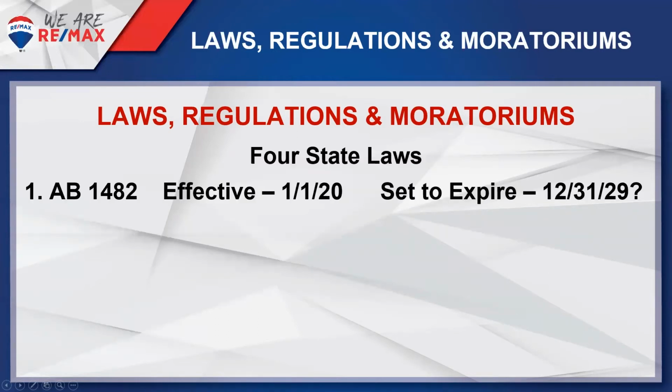Okay, so the 4 state laws, just a quick review. AB 1482, the infamous rent control and just cause eviction law, went into effect January 1 of 2020, and it's set to expire, I believe, I was going to look it up, I didn't, but I'm pretty sure it sunsets in 10 years unless extended. It'll probably be extended, but it's currently in effect.